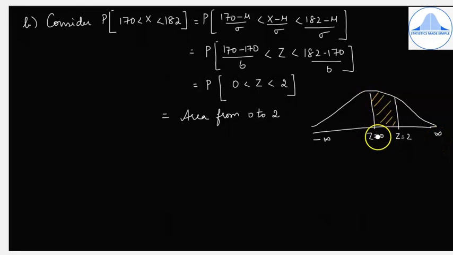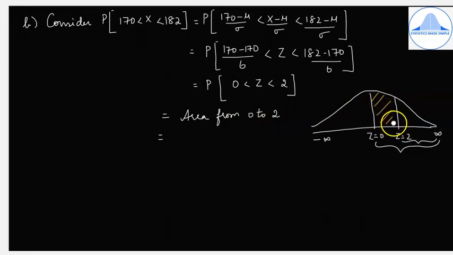Now look at the starting point of the shading, that is z equal to 0. From the starting point of the shading till infinity, you draw a flower bracket or any kind of bracket which is simple for you. Then at the ending part of the shading, that means z equal to 2, you draw another flower bracket. Now our aim is to find the area from 0 to 2, the area which I have shaded in yellow color.